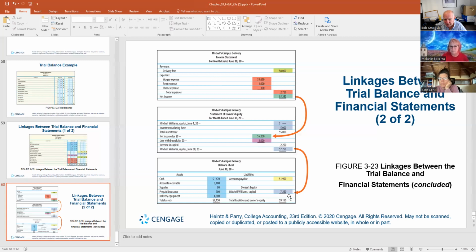And that's what we bring down. And there we go. Assets equal liabilities plus equity. Okay. And that's the quick man's tour of debits and credits. So you just have to get those debits and credits in your head. And from what I'm seeing here, I don't think you're going to have too much problem with that.